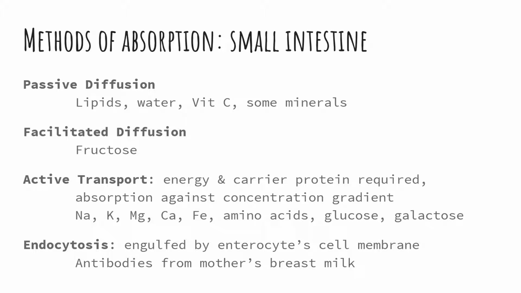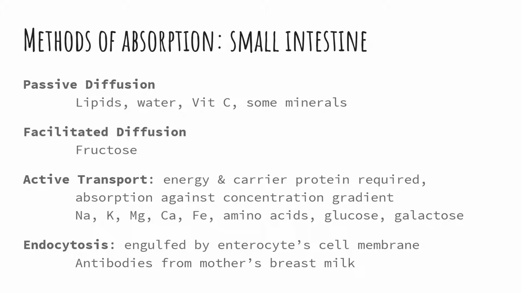Fructose is an example of a nutrient that we absorb down a concentration gradient, but using a protein molecule to help with that transport. Active transport is where we actually require energy plus a carrier protein. Often it's not always against the concentration gradient, but often it can be.